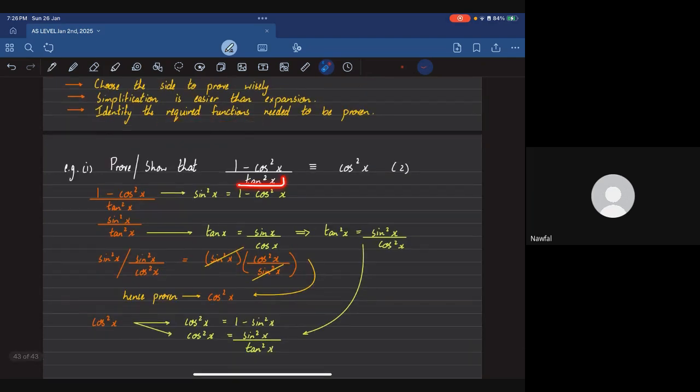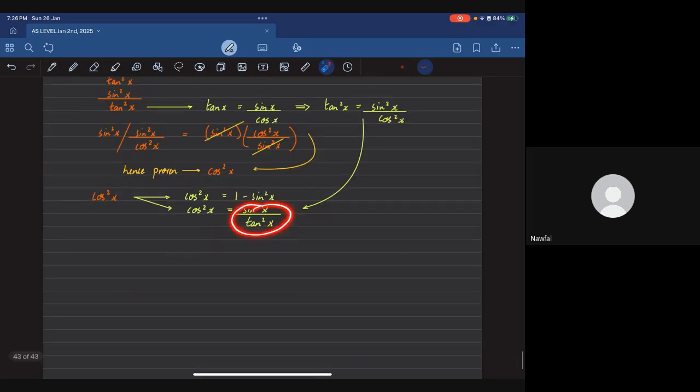You want a 1 minus cos square x in your numerator and a tan square x in your denominator. So therefore this answer is only giving me the tan square x. So I can simply write this down as sine square x over tan square x.